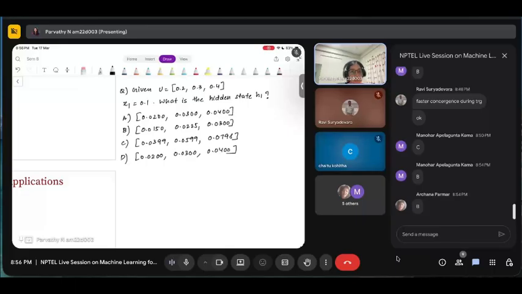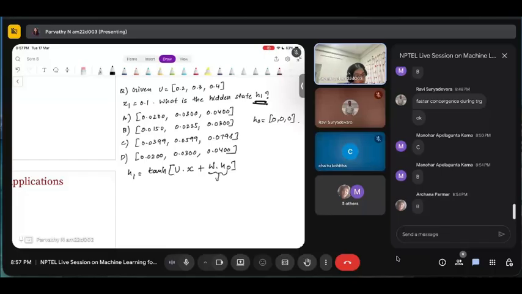So this is like question number 7. So you have u and x1. What is the hidden state h1? Assume that h0 is 0. So what you have to find is h1, which is tanh of u times x plus w times h0.